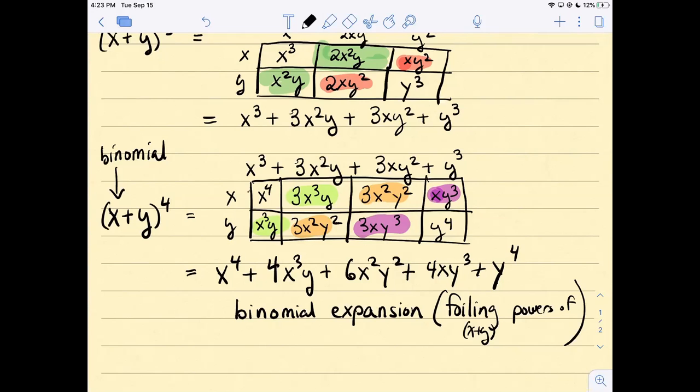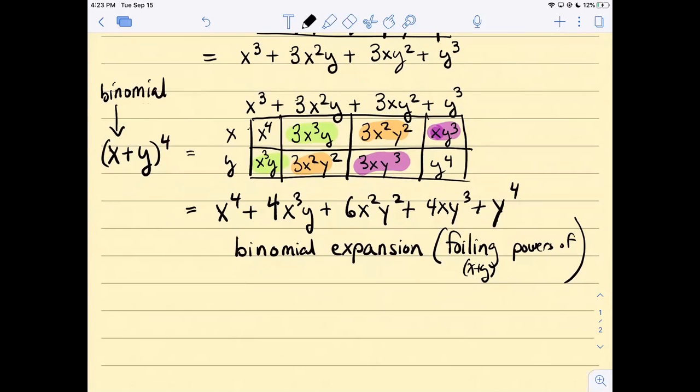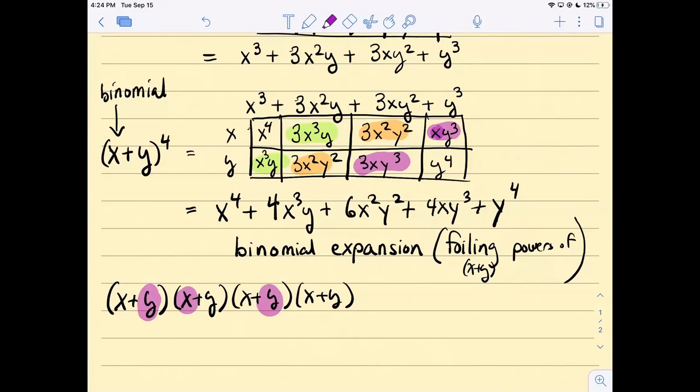Exactly. It comes from x plus y, x plus y, x plus y, x plus y. Each type of term, when you FOIL everything out, comes from selecting one letter from each set of parentheses.